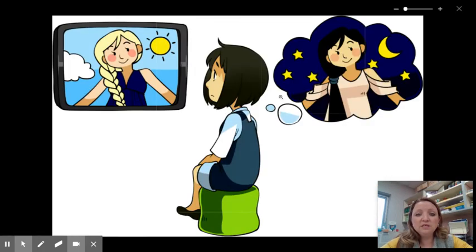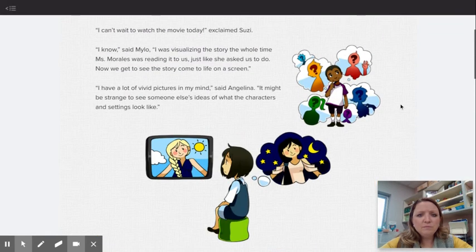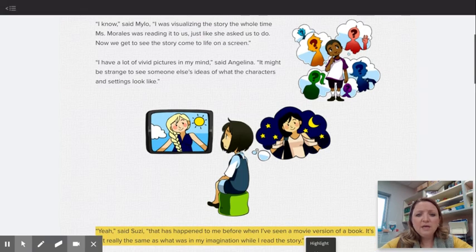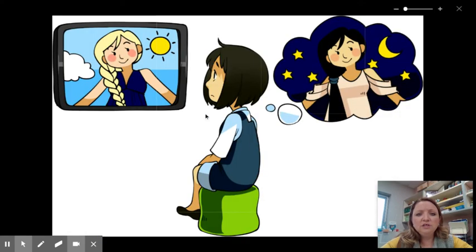So if we look at this picture, I think this is Susie, right? Angelina right here, she is thinking about, you see her think bubbles. So this is her thinking about the movie, and this is her actually watching the movie.